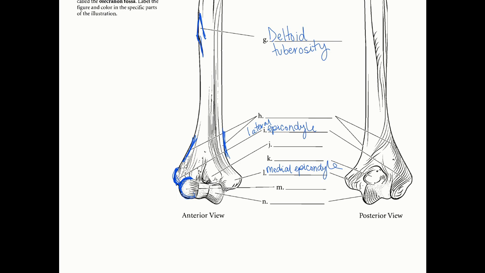I wanted to skip H because we've got these epicondyles here, and H being above them or superior to them is what we refer to as the supracondylar ridges.